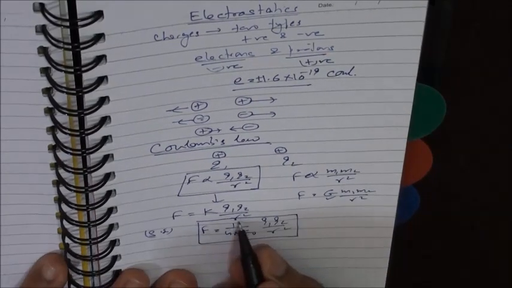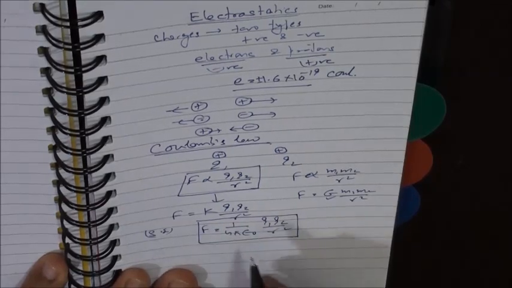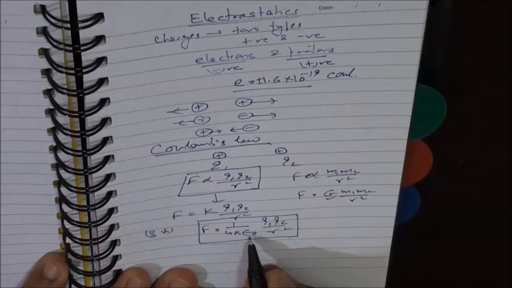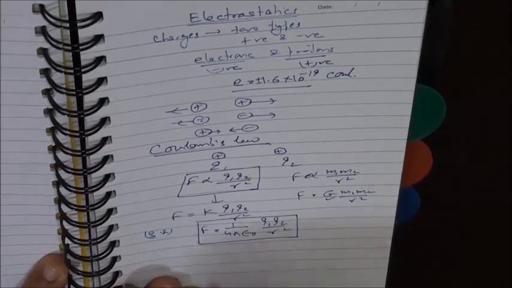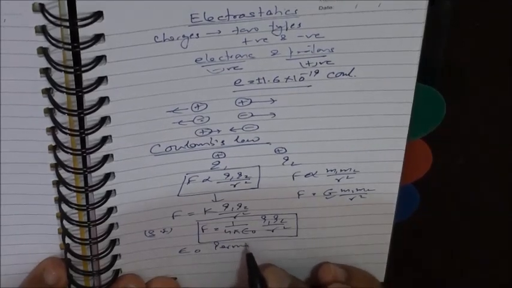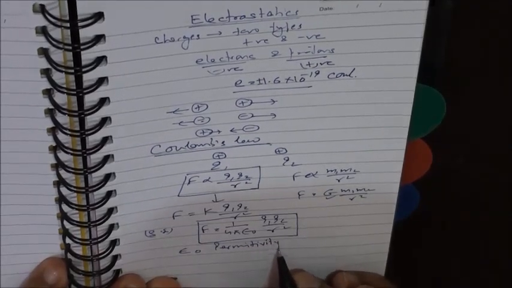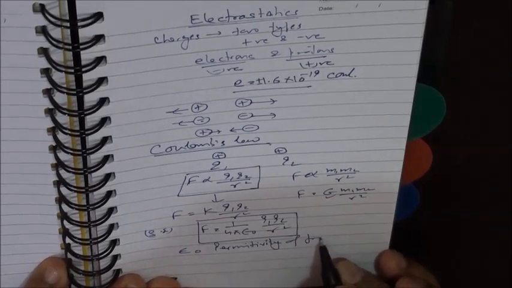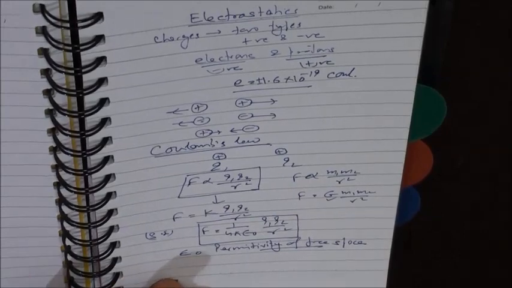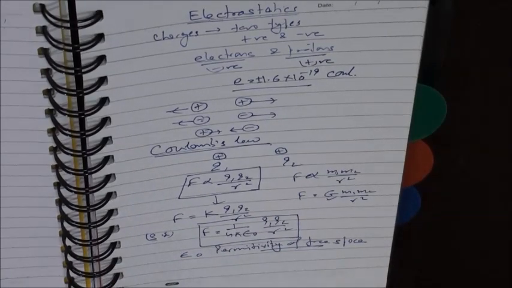Here, this is the constant of proportionality, 1 upon 4 pi epsilon naught, or epsilon 0. And this is called the permittivity of free space.